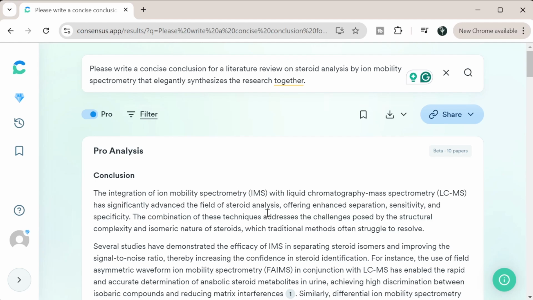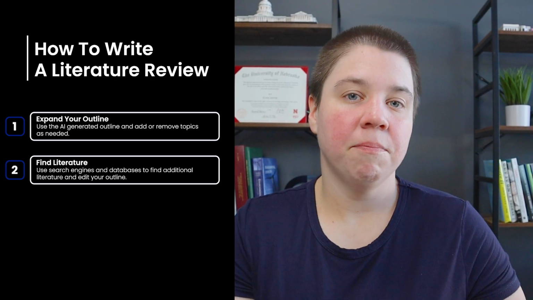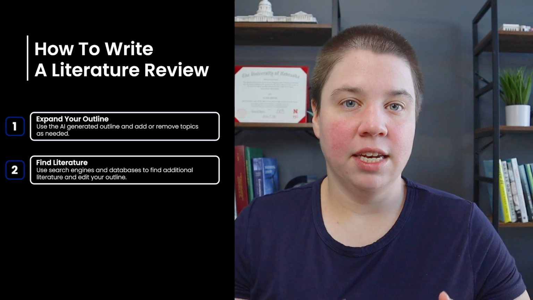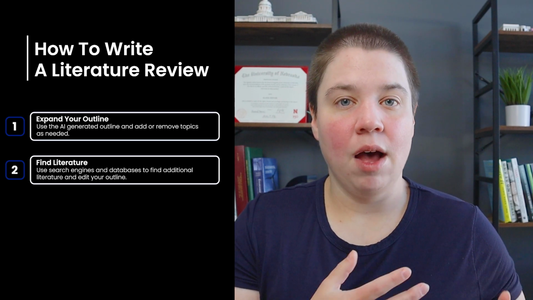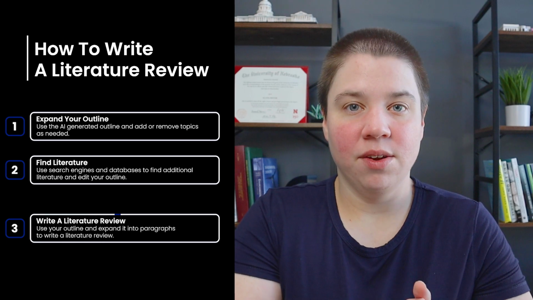One really nice thing about Consensus is you can actually download both a CSV of these results and an RIS. So you can take this RIS and directly upload it into something like Research Rabbit and find all of the literature relevant to what it is you're trying to study. So I would then find all of the literature. You can then revisit the outline and add in more as you need to, and then you can go ahead and write your literature review.